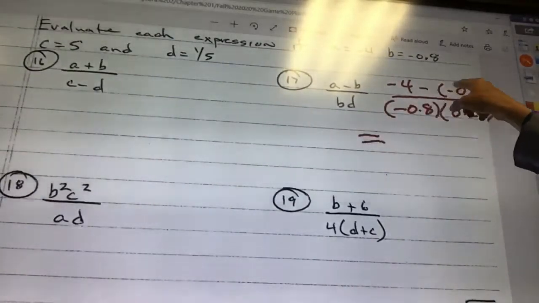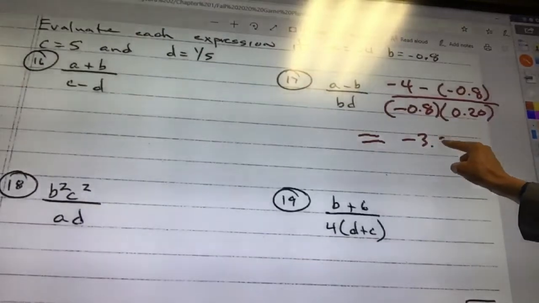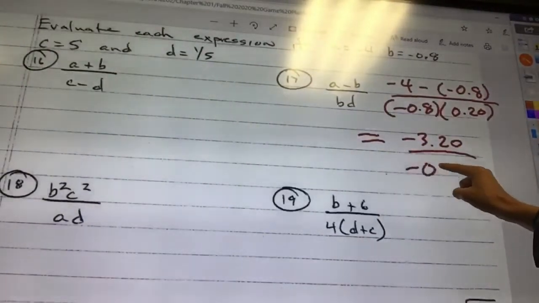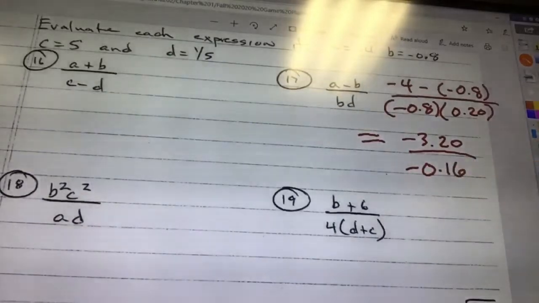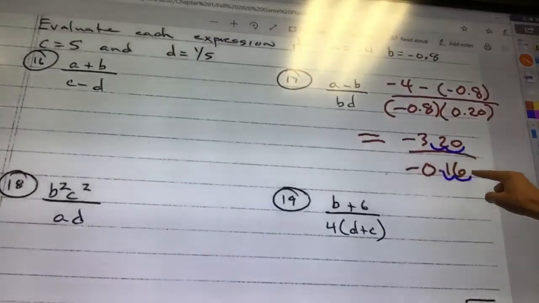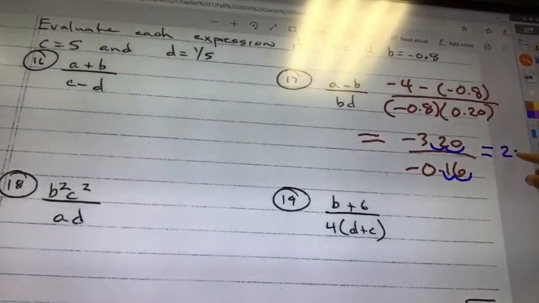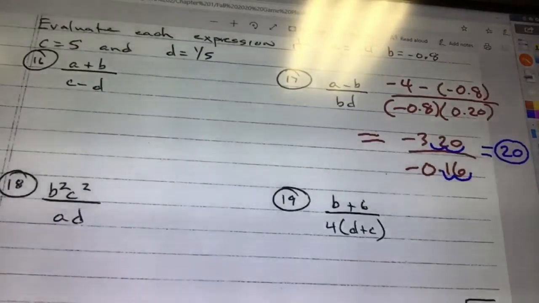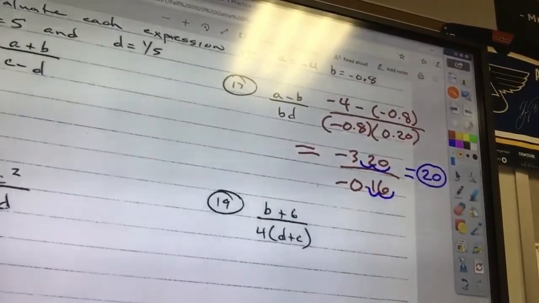Up top, to subtract a negative is to add, that's negative 3.2 divided by, I believe, negative 0.16. And you're like, oh my gosh. Just move that over twice, move this over twice. A negative divided by a negative is a positive. I'm pretty sure it's 20. 320 over 16 is 20. Look at all that we kind of did in our heads.